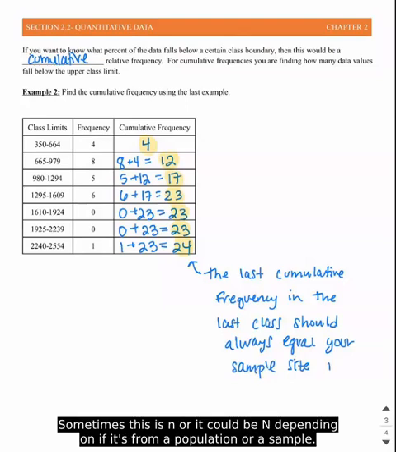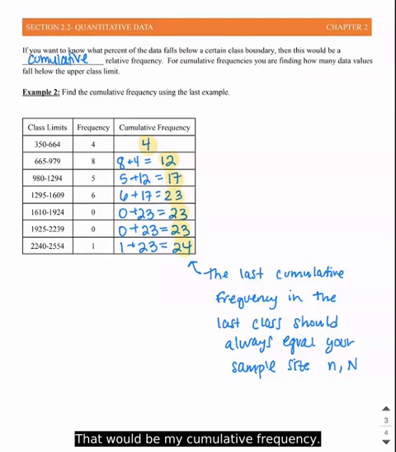So sometimes this is little n or it could be big N, depending on if it's from a population or a sample. So that would be my cumulative frequency.